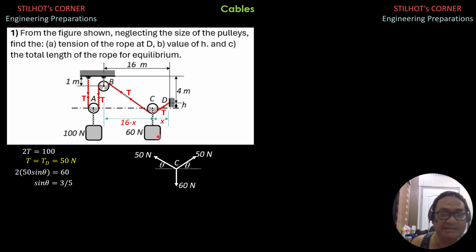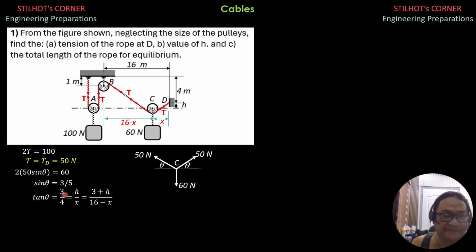Tangent theta is equal to 3/4, and it is h over x. It is also equal to this vertical distance, which is 4 plus h minus 1, so that's 3 plus h, over 16 minus x. So tangent theta, h over x, 3/4, equals 3 plus h over 16 minus x.